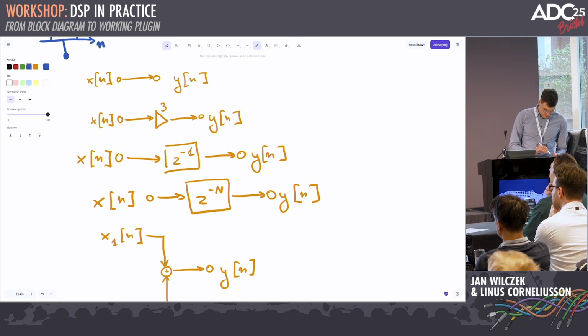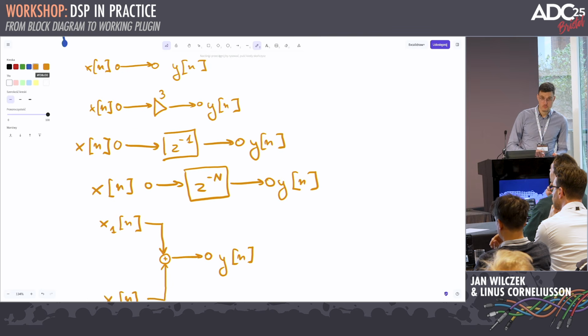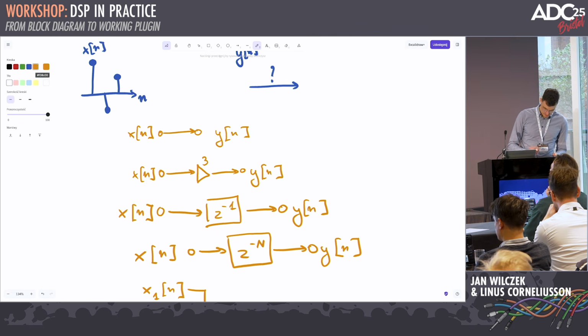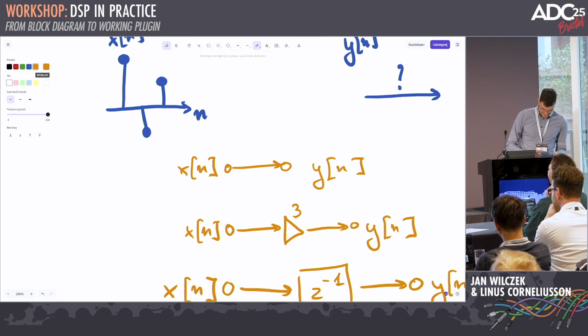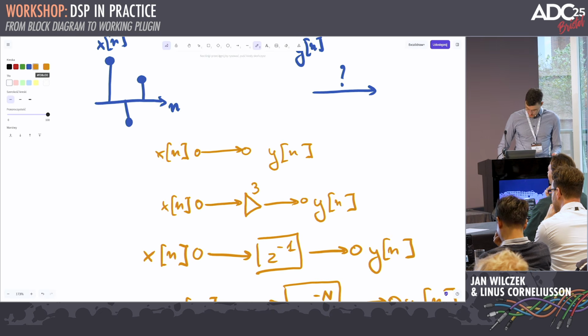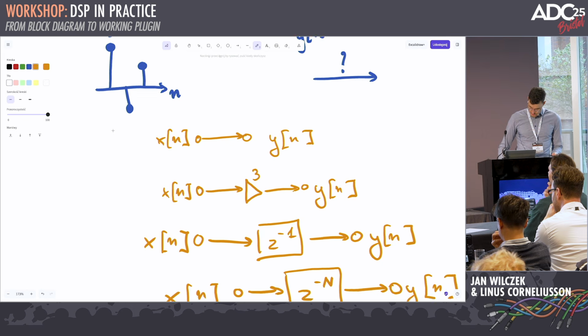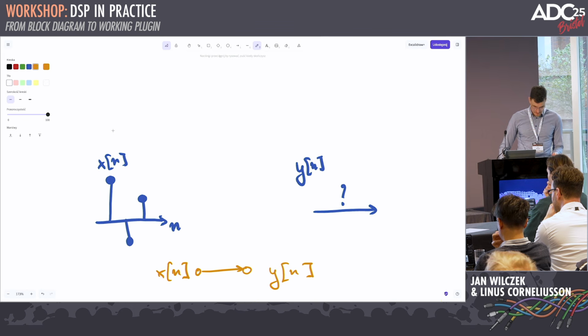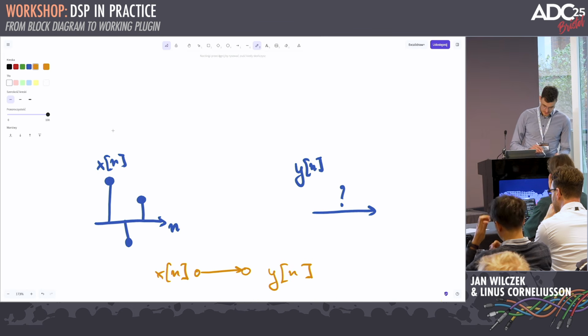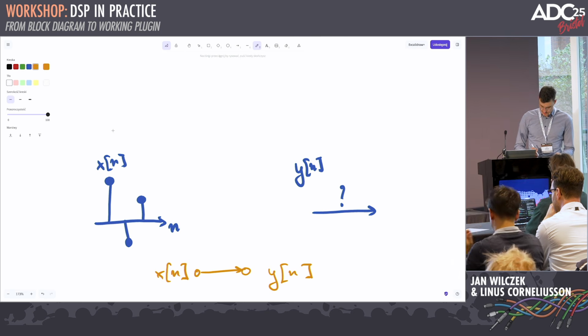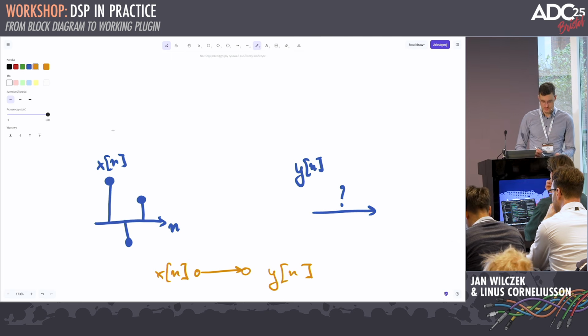Maybe, are there any questions at this stage before I jump into this practice? Okay, that's not good. Okay. So how can we think about this? We have some system, and it has an input x of n, a signal consisting of samples, and at the output of the system, we denote such a signal y of n.